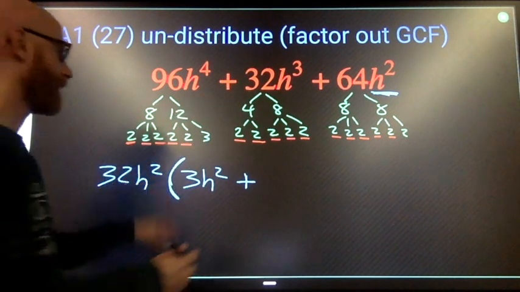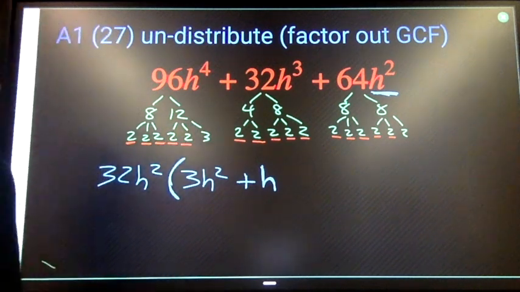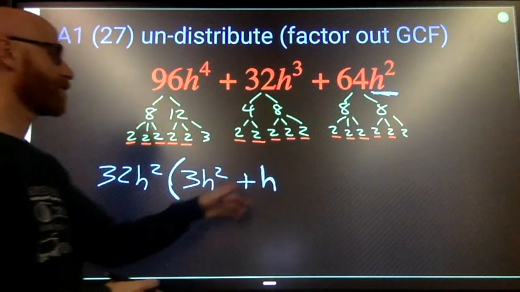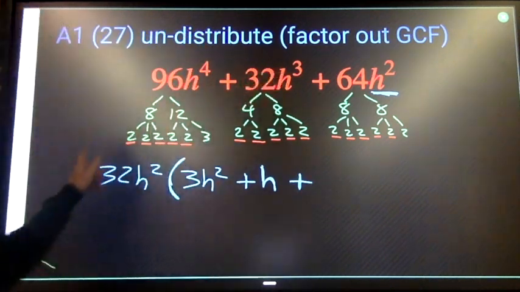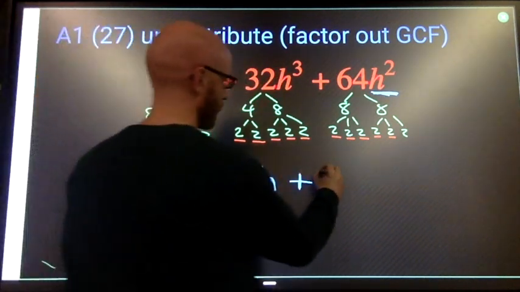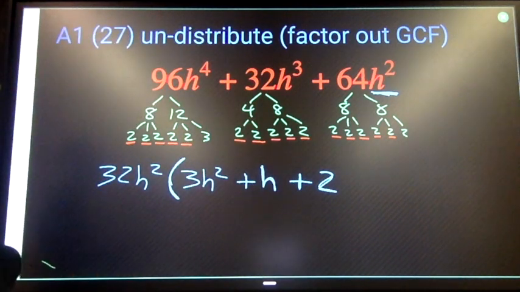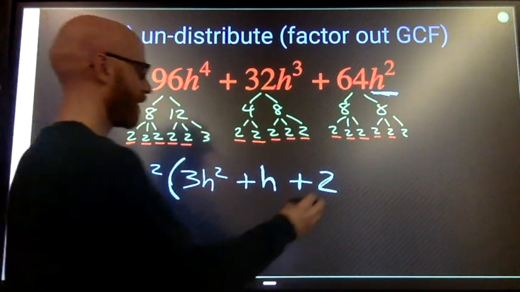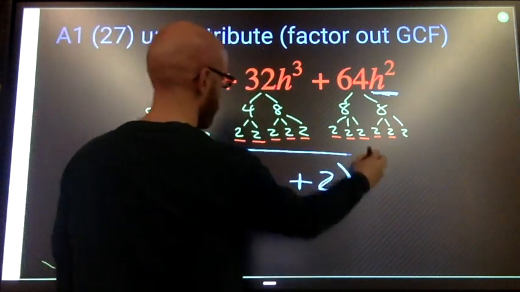H to the 3rd divided by H squared is just H to the 1st. Again, I could choose to write the exponent. Usually we don't, though. Plus 64 divided by 32 is 2. H squared divided by H squared is 1, so I will not write it at all. That's the final answer.